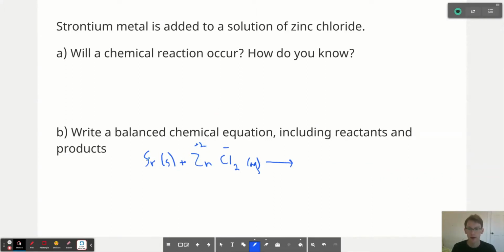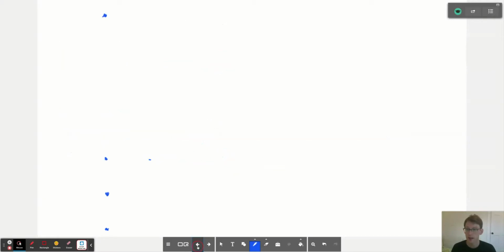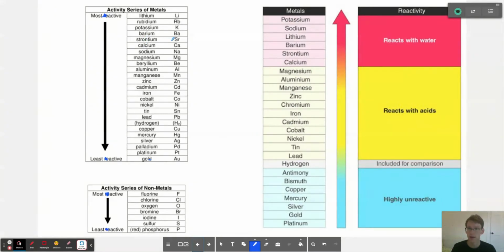I have to compare my strontium and my zinc. What is the most active? If the strontium is more active than zinc, it will react and displace the zinc. But if zinc is more active than strontium, then the zinc won't be displaced. I look here, I see that strontium is pretty high on the activity series. Zinc is quite a bit lower.